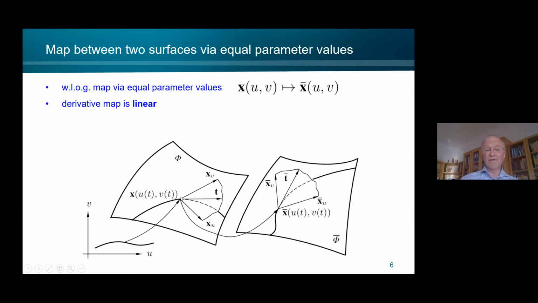So we have a point on one surface, a point on the other surface, the corresponding tangent vector spaces or tangent planes, if you like. x_u is mapped to x-bar_u, x_v to x-bar_v, and the general tangent vector u dot x_u plus v dot x_v here corresponds to u dot x-bar_u plus v dot x-bar_v. So this is a linear map, in geometric terms, if you like, it is an affine map between the two tangent planes.